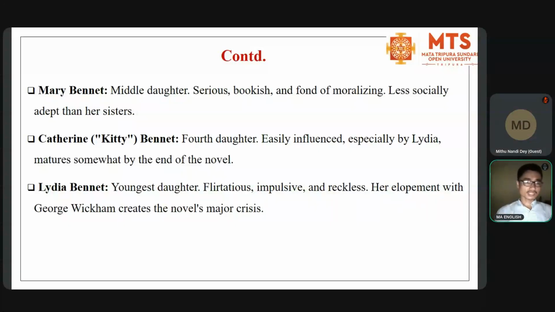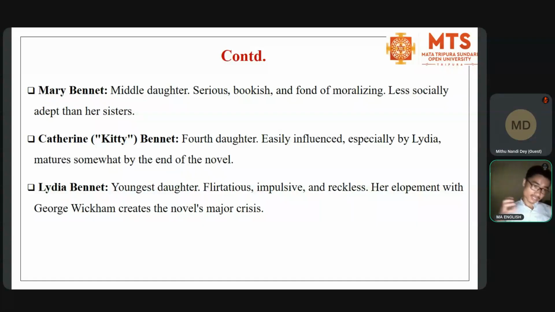The next daughter is Catherine Bennett, who is very pliable, meaning someone who can be easily manipulated by others' thoughts and words.